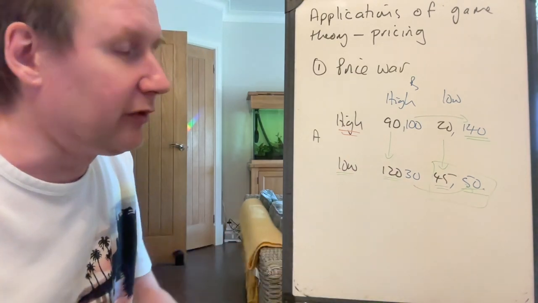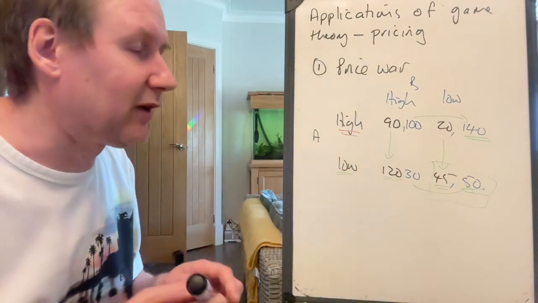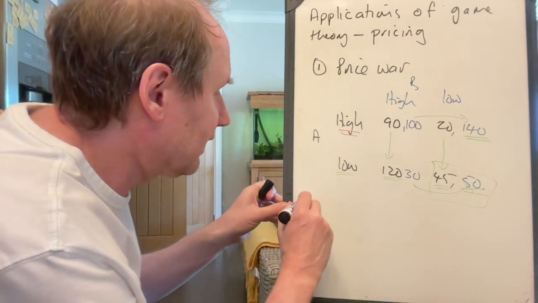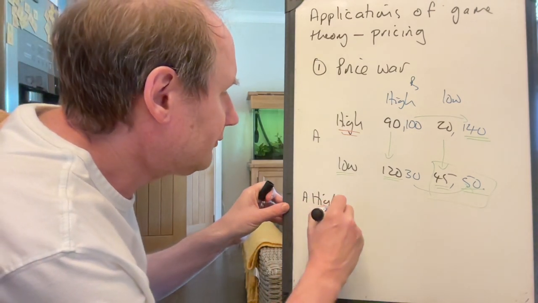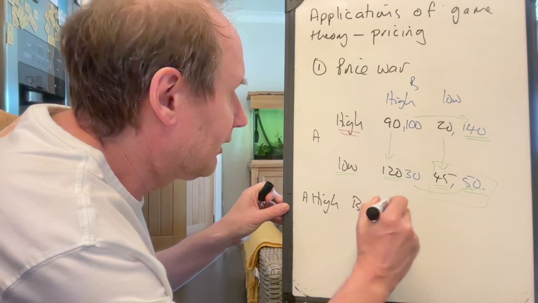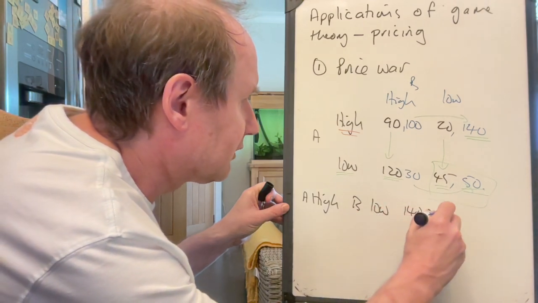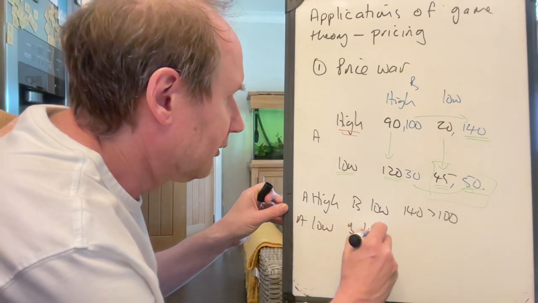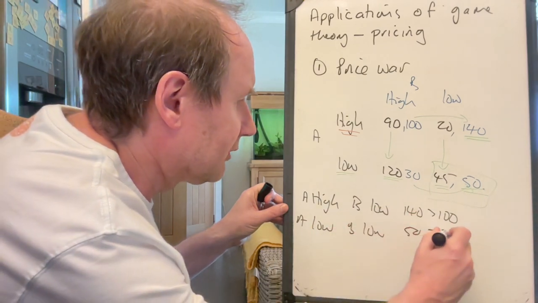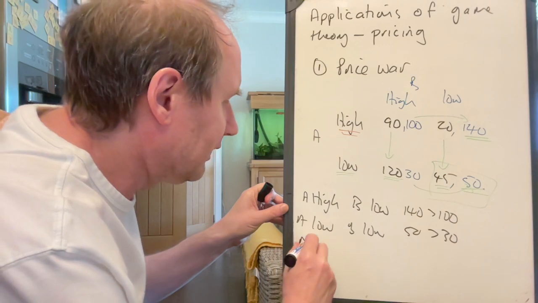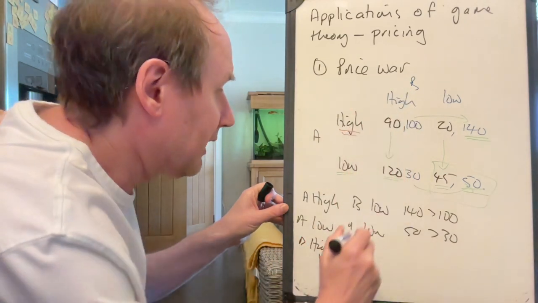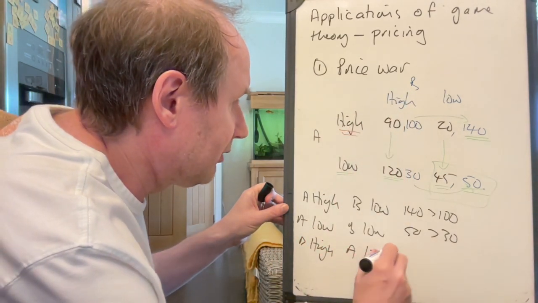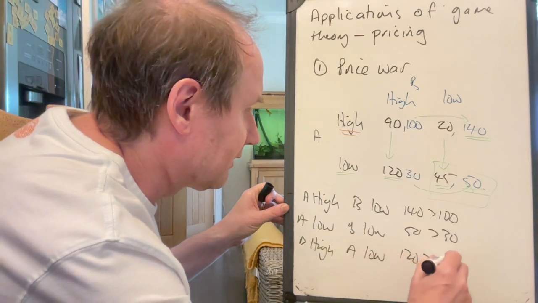Let's just prove that this is the case. So what we said in terms of our analysis, we said that if A goes high, B goes low, because 140 is greater than 100. If A goes low, B goes low, because 50 is greater than 30. If B goes high, then A goes low, because 120 is greater than 90.